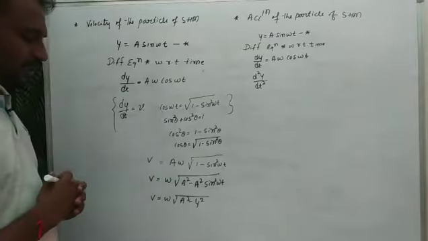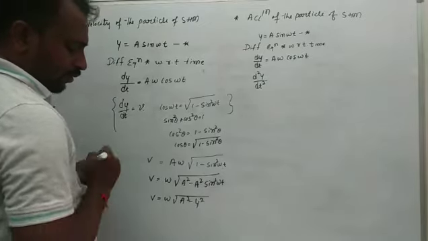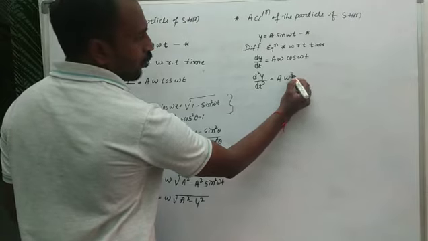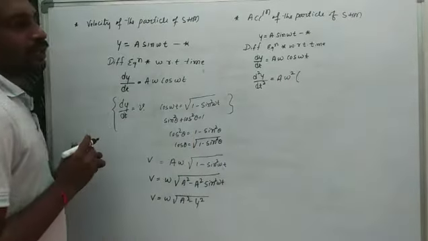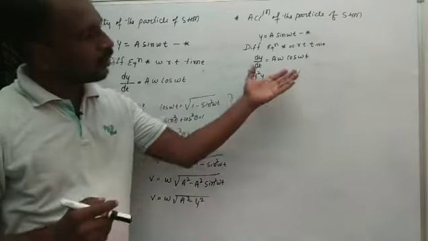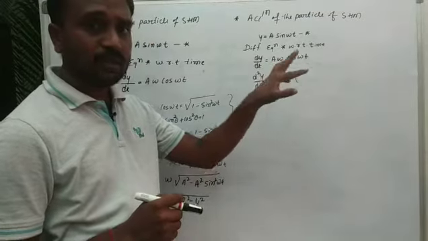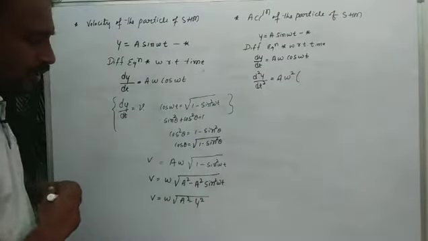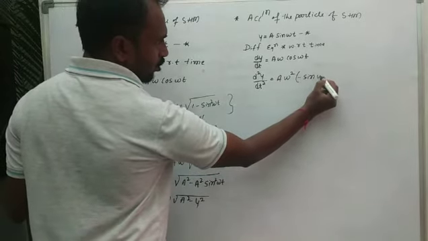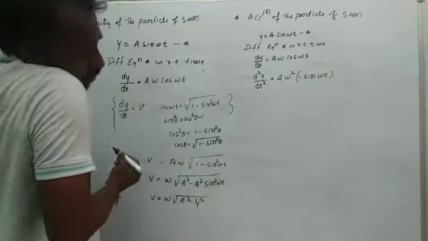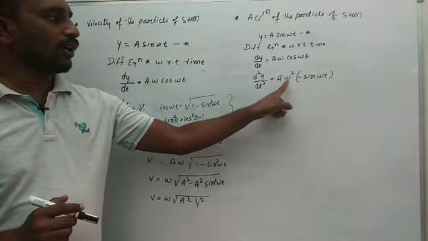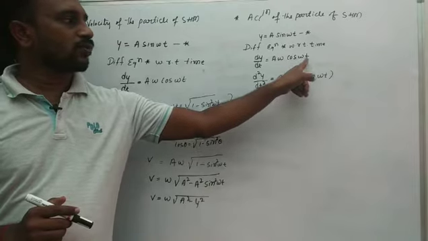Okay, so here we consider d square y by dt square. So a omega square, cos theta differentiated with respect to time gives minus a sin theta. So here we get minus sin omega t. So d square y by dt square is equal to a omega square into bracket cos omega t.